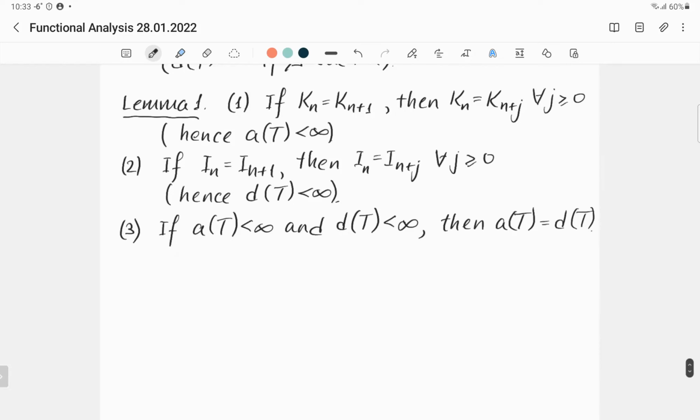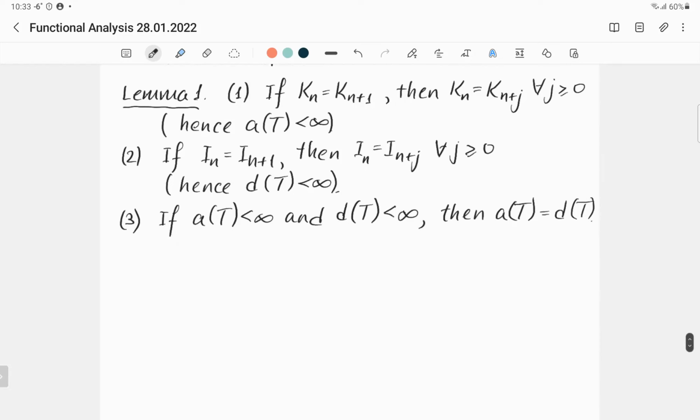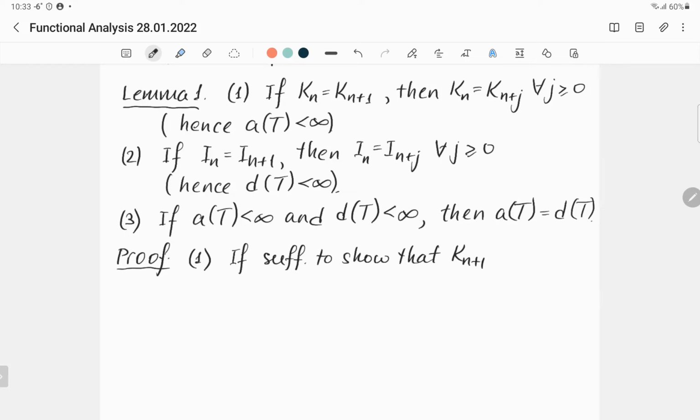Well, the lemma is actually very easy. This is just simple linear algebra. Well, for example, let's prove part 1. To show that the chain of the kernel stabilizes, it suffices to show that Kn plus 1 equals Kn plus 2.